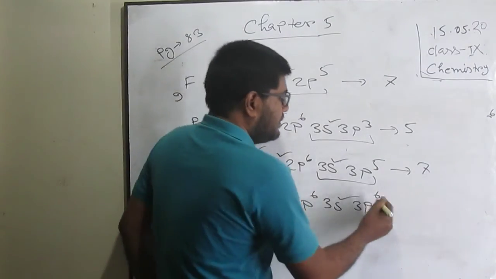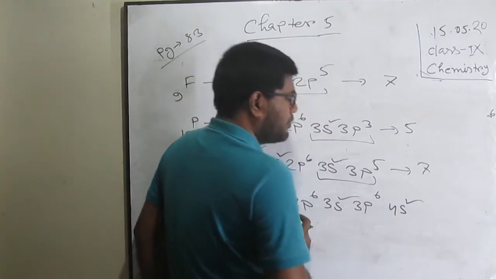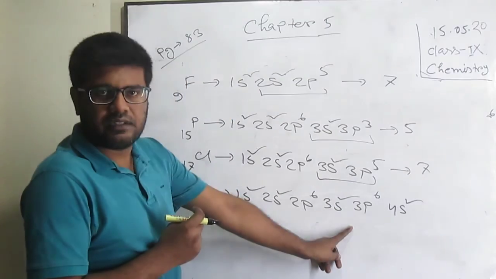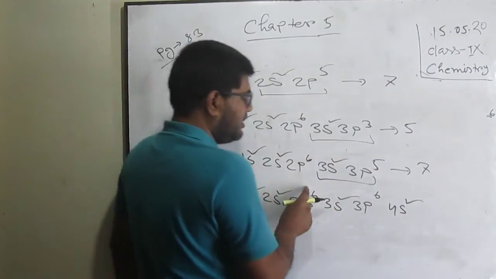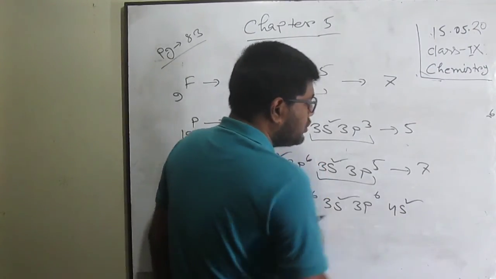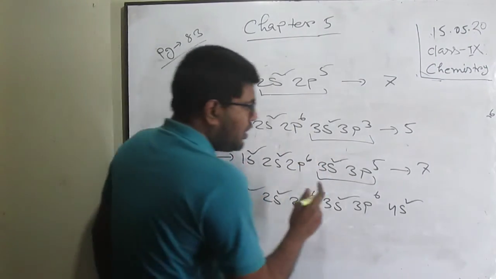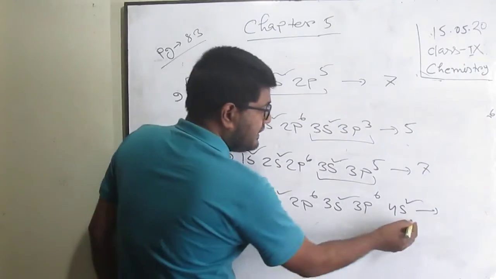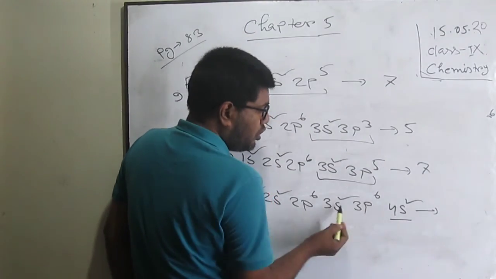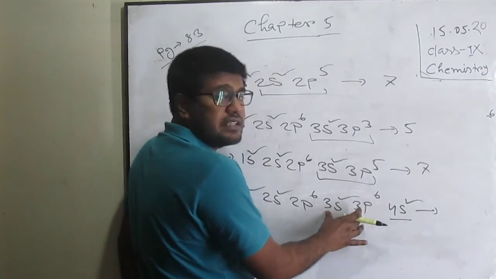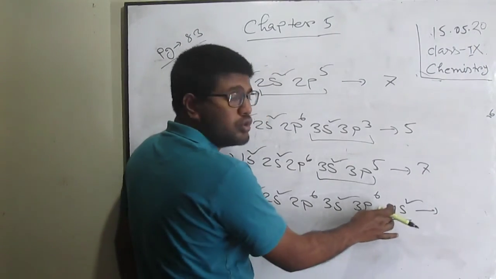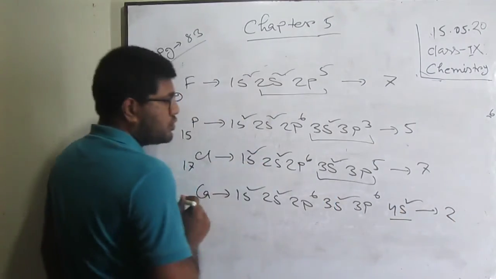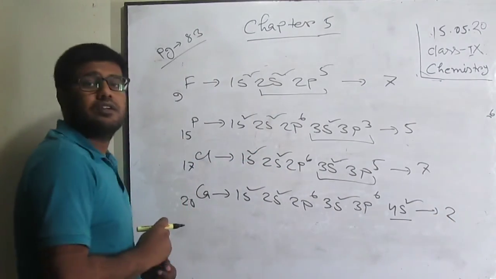You know, electrons go to the 4s orbital first after filling the 3p orbital. So 2, 4, 10, 12, 18, then 20 electrons. What is the total number of electrons in its outermost energy level? Yes, the outermost energy level is 4, not 3, because 3 is an inner orbit compared to the 4th orbit. So the total number of electrons is 2. That's why its valence electron is 2.